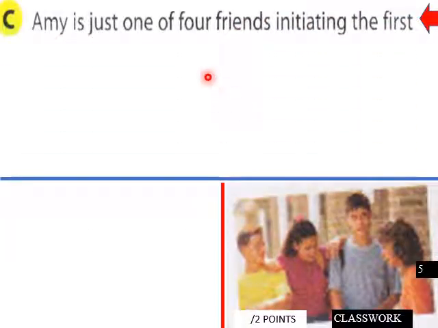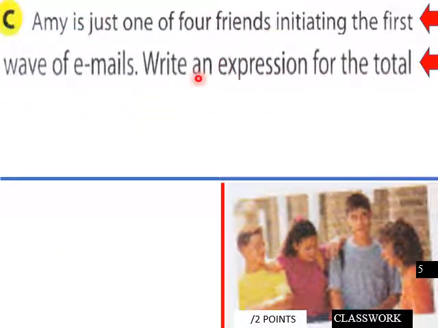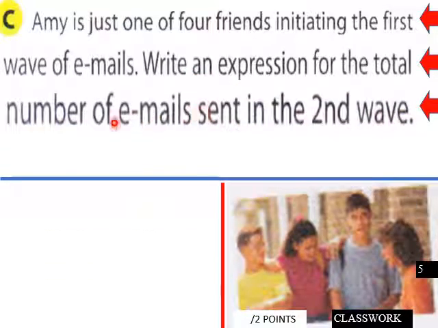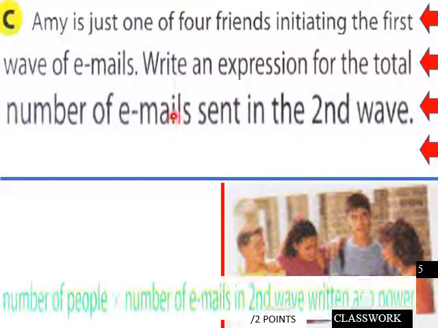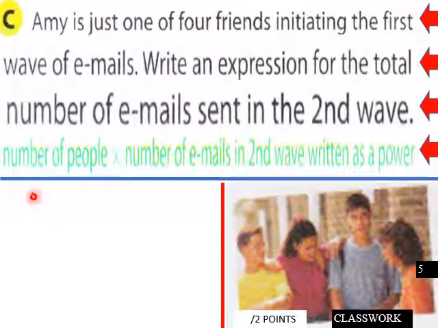Okay, so now that we know that we have a total of 9 in the second wave, Amy is just one of 4 friends initiating the first wave of emails. Write an expression for the total number of emails sent in the second wave. Amy was just one of 4 friends. What about if you add her other 3 friends? The number of people times the number of emails in the second wave, written as a power.